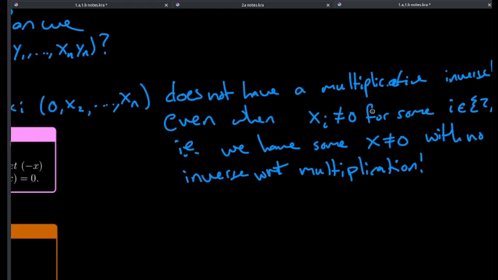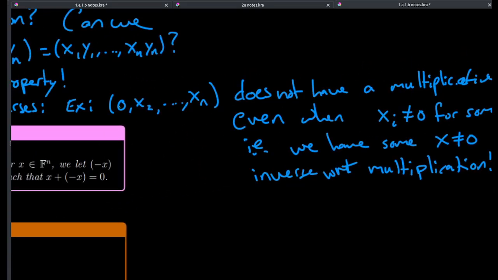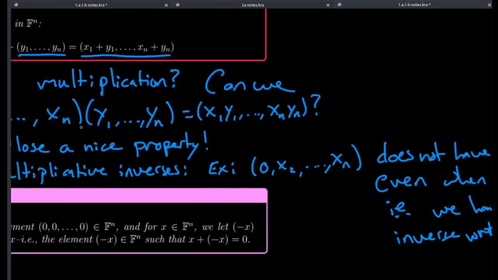So do you see why that would be? That is, this guy, there is nothing, if I'm doing multiplication in this way, that I can multiply its first component by to get 1, because 0 does not have a multiplicative inverse in a field. Ooh, that is the big problem.